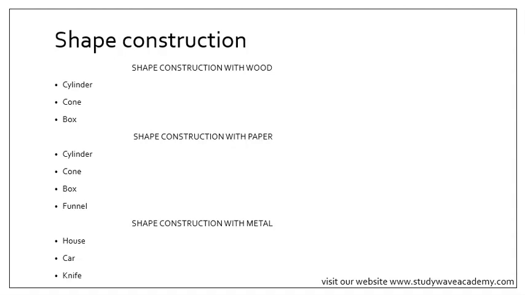Then we looked at the materials and tools used for shape construction. We mentioned three materials, right? Paper, metal, and wood. Then we looked at the tools used for shape construction. We said the tools used for shape construction depends on the material, right? Good. And we looked at the method of shape construction.